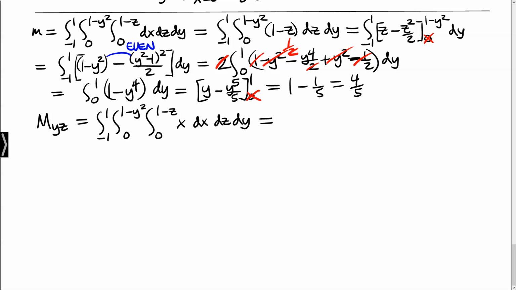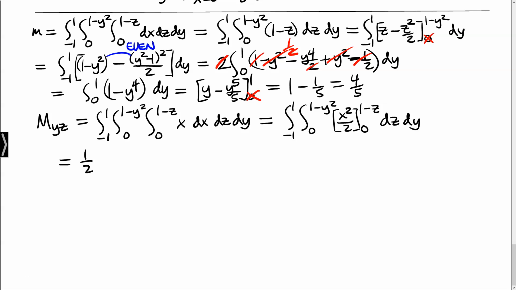Okay, so now when we do this, we do have to integrate x. So this is going to be x squared over 2 from 0 up to 1 minus z. So I can pull the 1/2 all the way out.